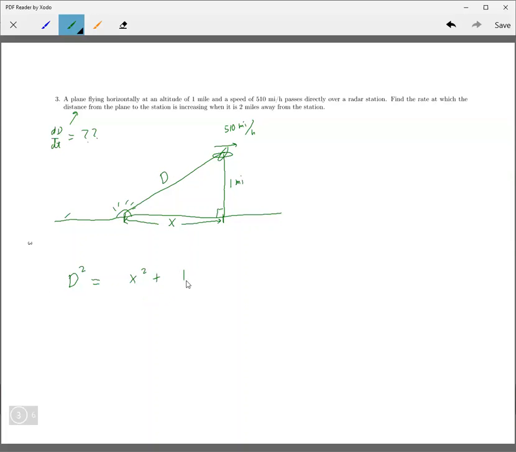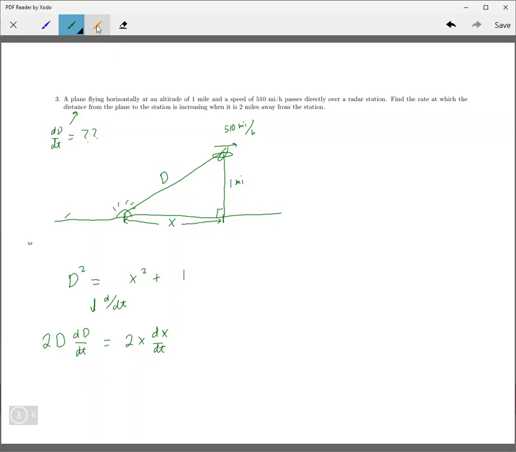And so we go ahead and differentiate this with respect to t. And here it's going to give us 2D dD/dt. And then over here we have 2x dx/dt, plus 0, because the derivative of 1 is 0.